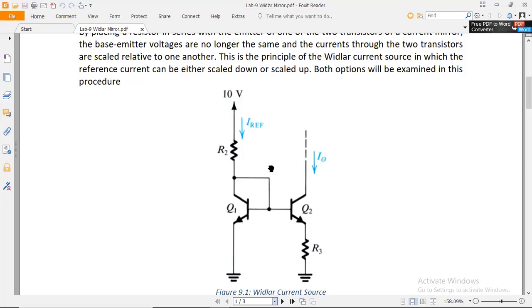The input current and output current are the same in magnitude, but with a difference of sign. And this scheme that we studied here is the Widlar current mirror circuit formed by the BJT transistor.